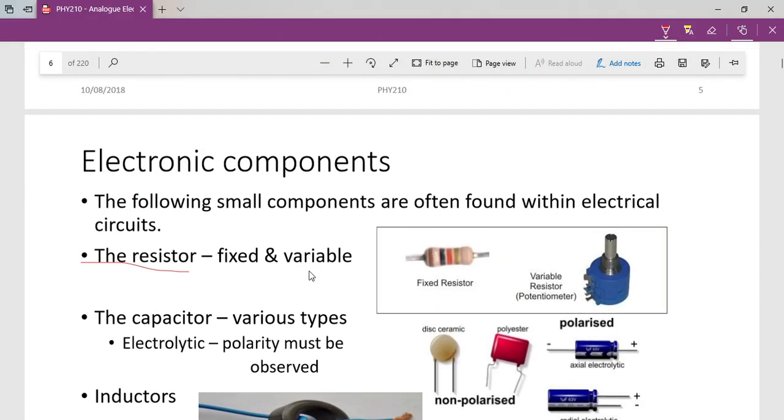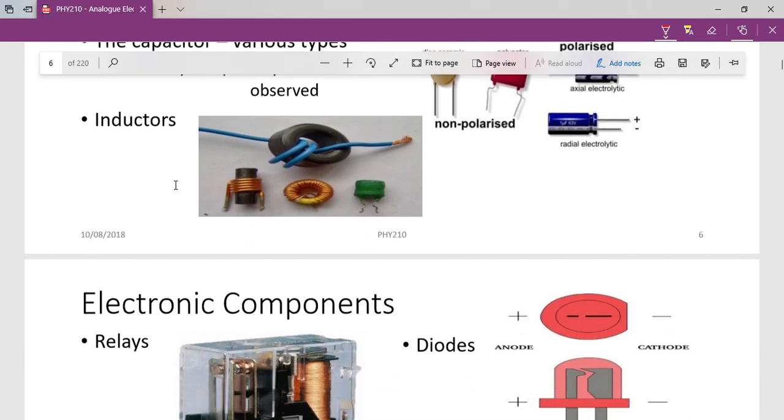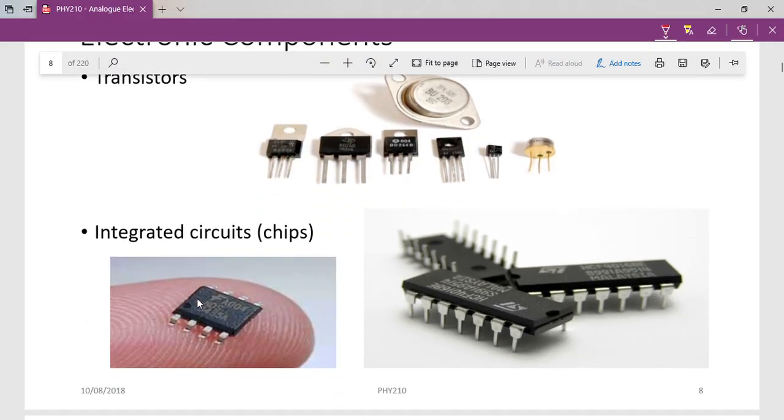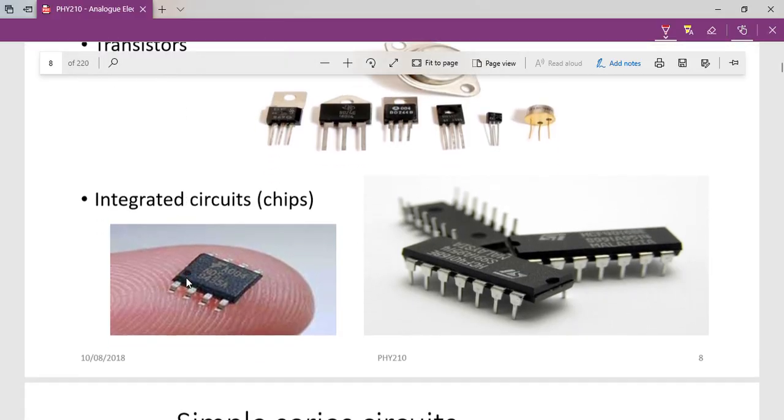These are sometimes what we call the passive electronic components. Don't forget the first, as I said: resistor, capacitor, relays, valves, transistor, integrated circuits, and inductors.